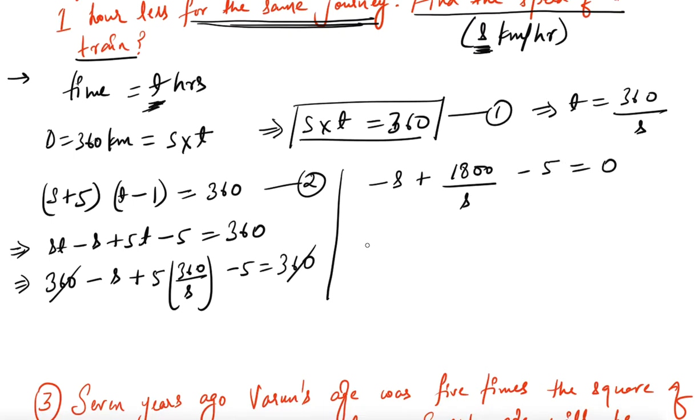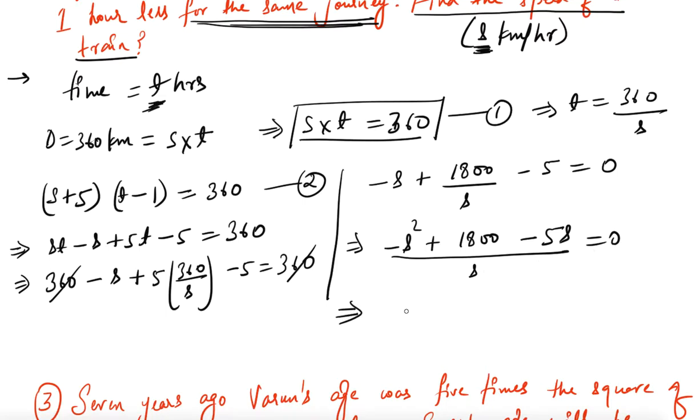Let us take the LCM. So this becomes minus s square plus 1800 minus 5s, whole divided by s, equals 0. When you cross multiply, this will turn out to be 0. After rearranging the terms, I got s square plus 5s minus 1800 equals 0.